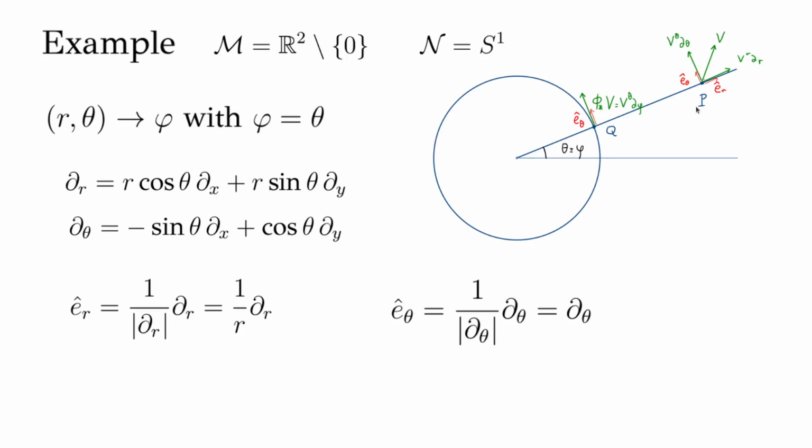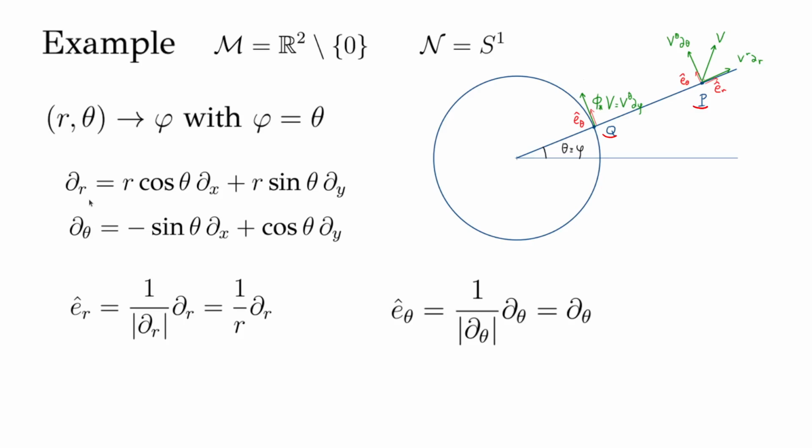Then a point P on the manifold M is mapped onto a point Q on the circle by projecting P on the circle on this ray. Mathematically, we can express this map by considering the r theta coordinates of the point P. Then the point Q will have coordinate phi, where phi is equal to theta.